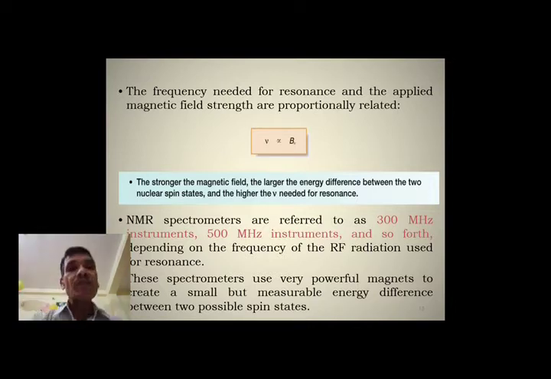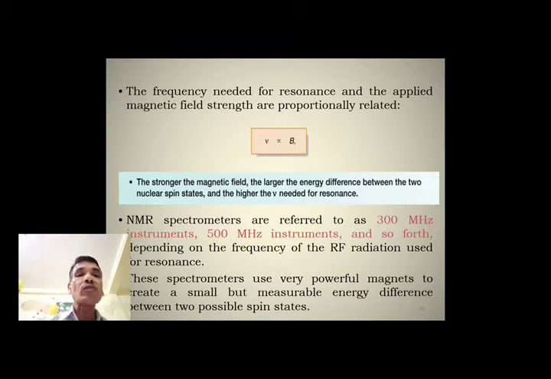We know that NMR spectrophotometers are referred to as about 300 megahertz instruments or 500 megahertz instruments, depending upon the frequency of radio frequency radiations used for resonance.